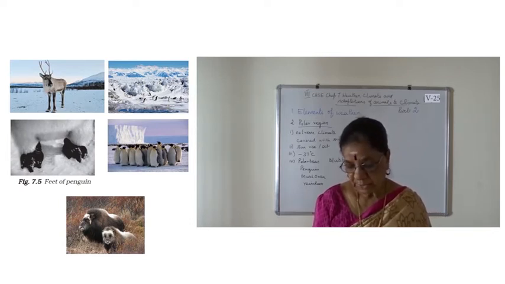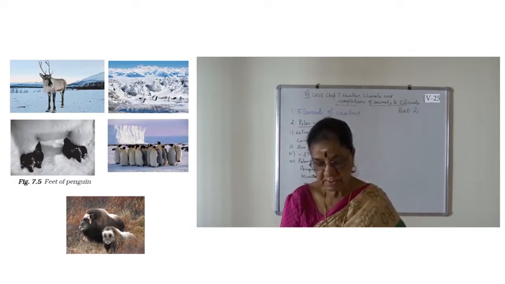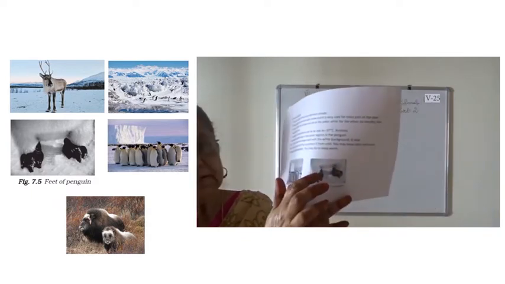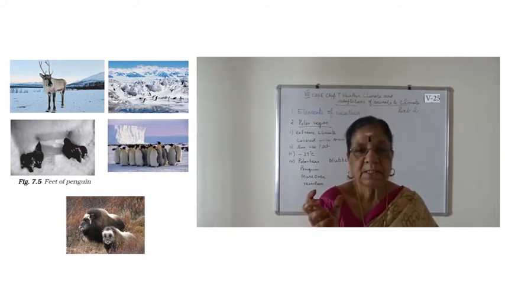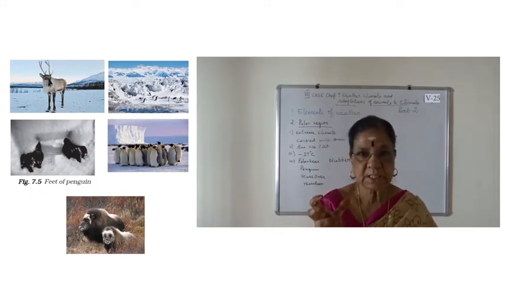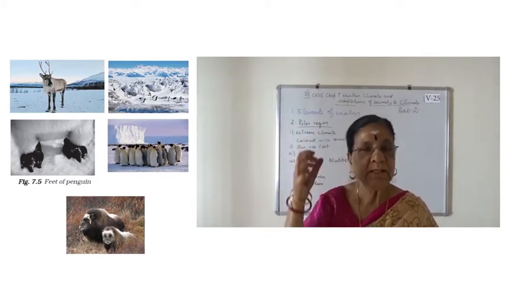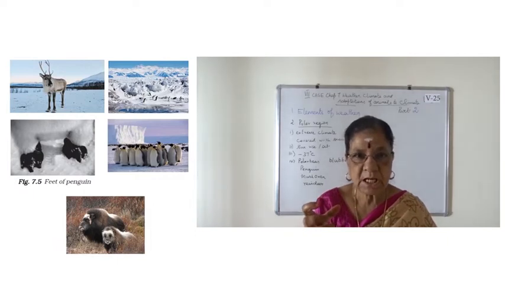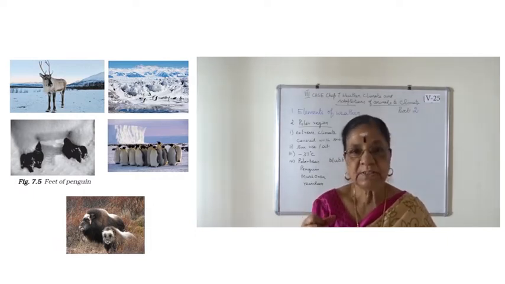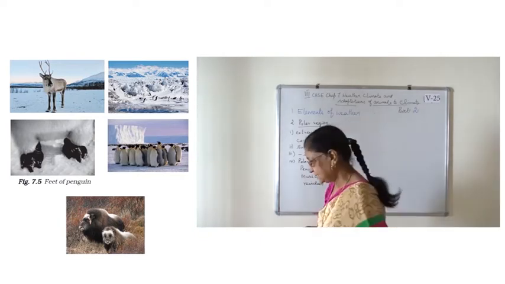And then penguins huddle together and keep themselves warm. In this picture, it is the feet of the penguin that grip the ice-cold snow. The feet of this penguin are like those of a polar bear. It has sharp claws, and with that it gets the grip. I hope you can understand this.